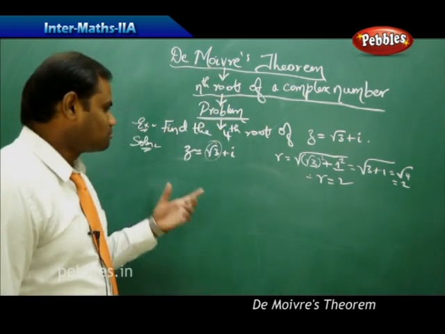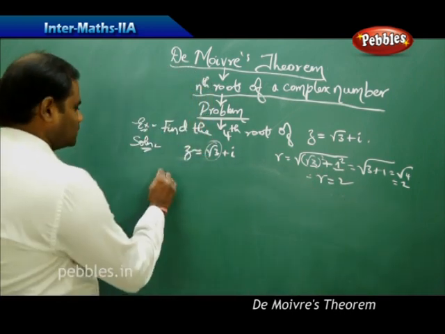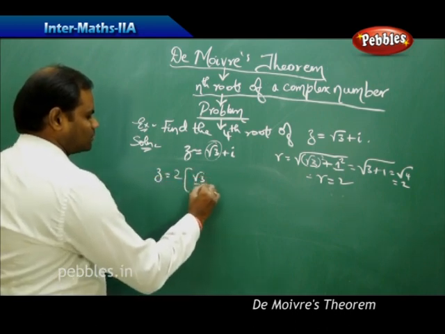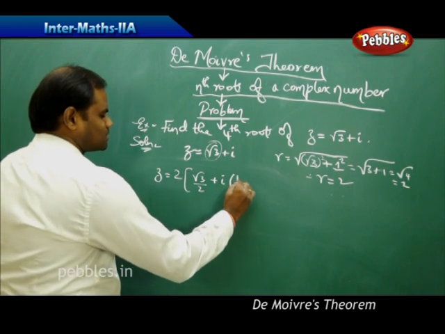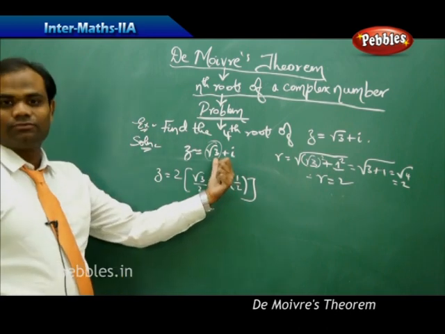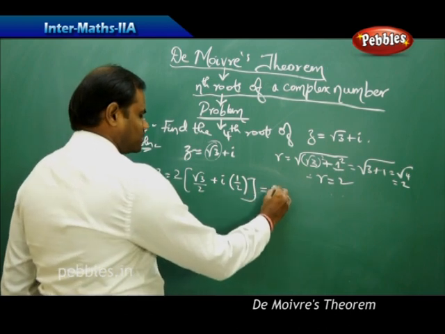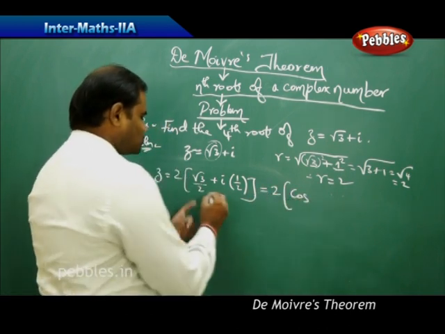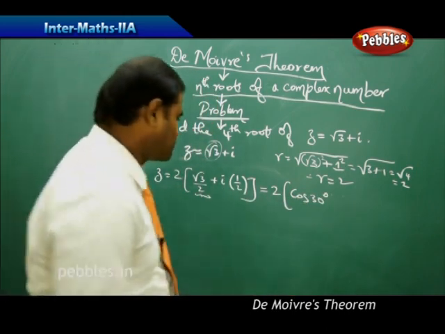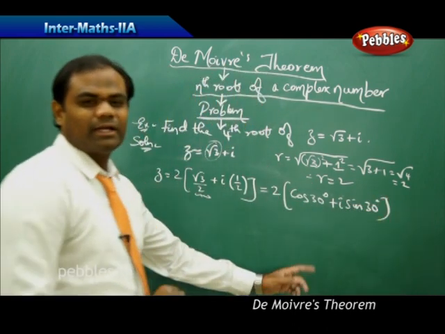So let's convert this into mod amplitude form with the value of r, which is 2. Therefore z is 2 times root 3 by 2 plus i times 1 by 2, which is obtained by multiplying and dividing z by this r. So multiplying and dividing by 2, I get this, which can be written as 2 times root 3 by 2, which can be written as cos 30, because we know that cos 30 is root 3 by 2, plus i sin 30.